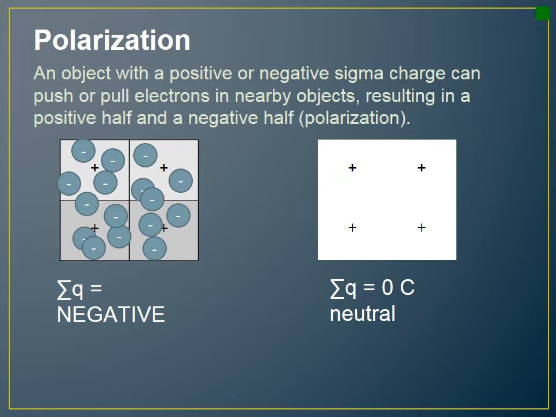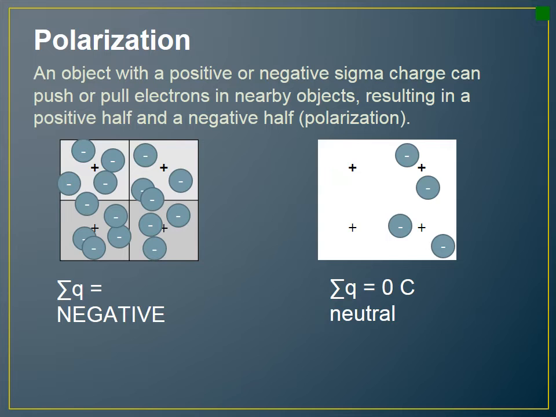Right now, there are only 4 protons on there, but if I add my 4 electrons to make that object neutral, you'll notice that they're not randomly distributed in that object. They actually move far away from the electrons in the left diagram.